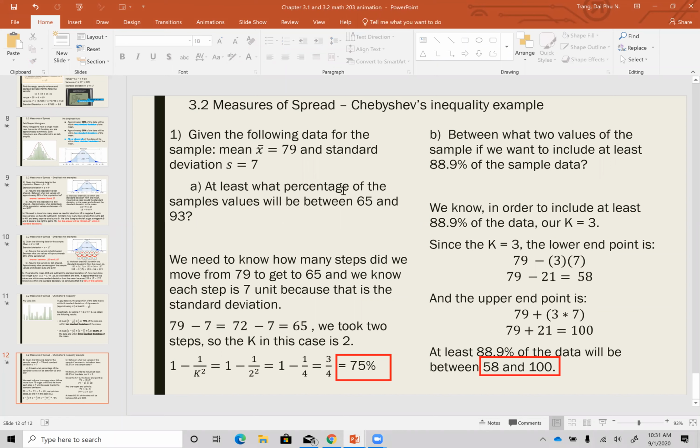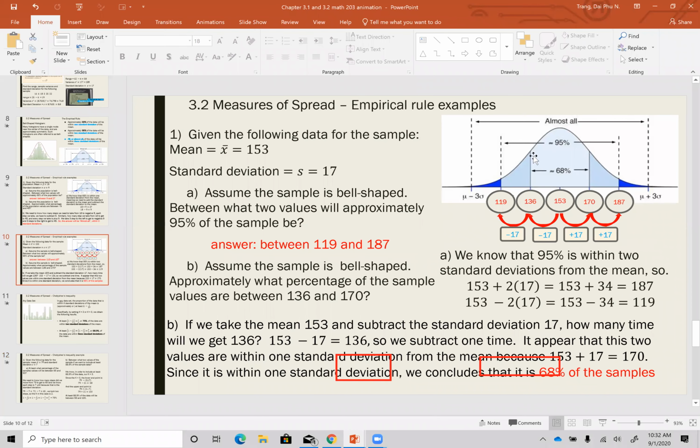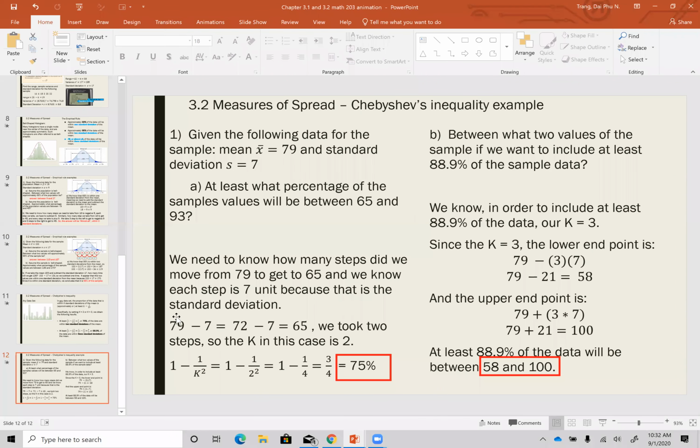Here, clearly they say it's a bell shape, and if it's a bell shape, this is your empirical rule. If your question does not mention anything about bell shape, meaning your data is not symmetric, then we have to use the Chebyshev inequality.